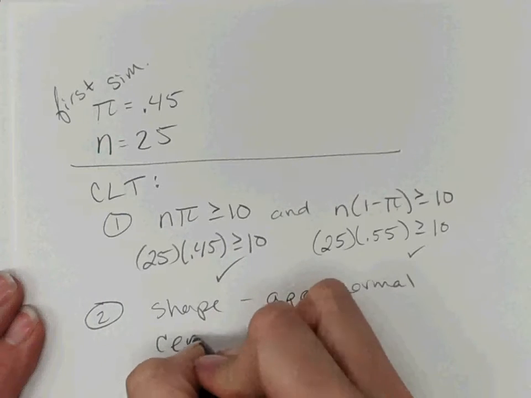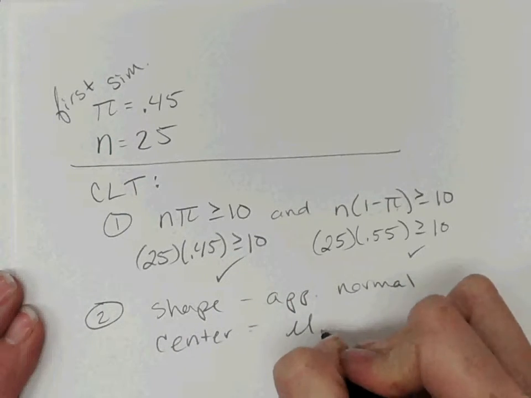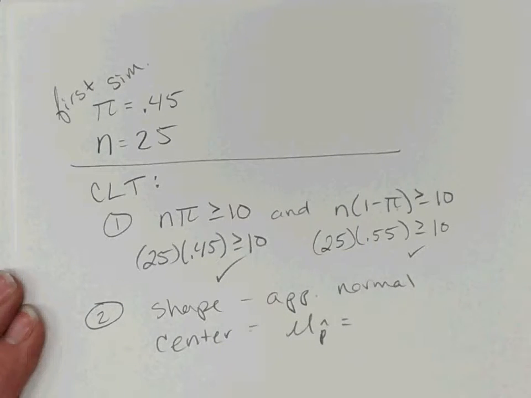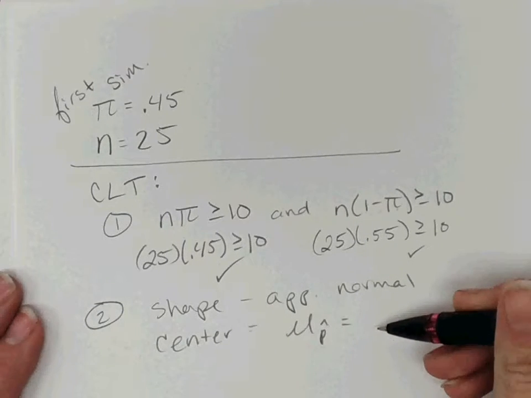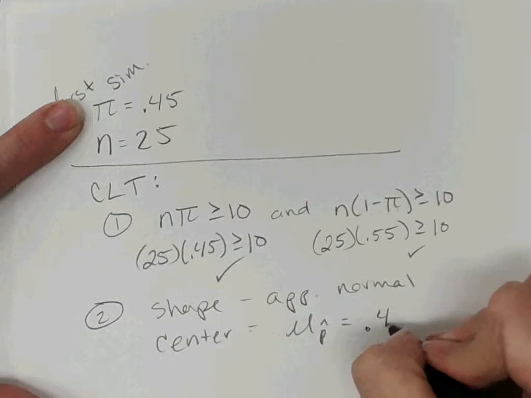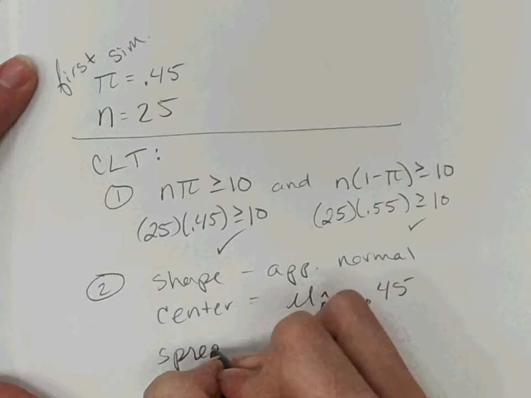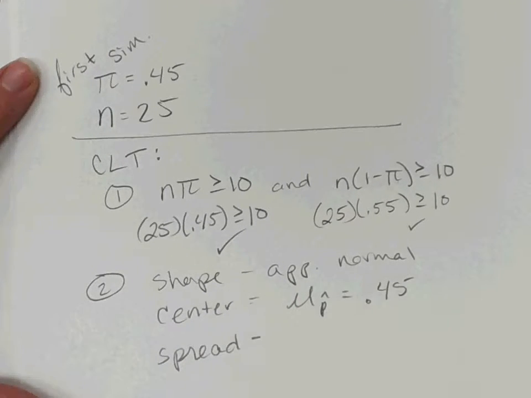My center, I know that my mean of all of my p hats is going to be equal to pi. And what was pi in this case? Well, 0.45. And then for my spread, that's going to be calculating that standard deviation.